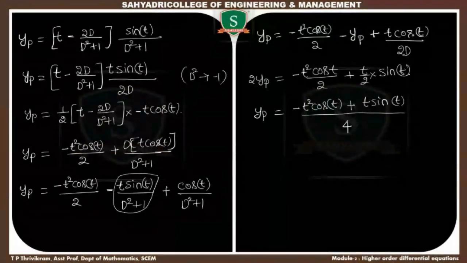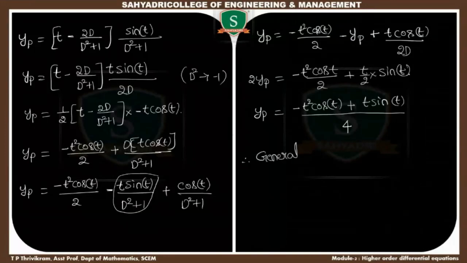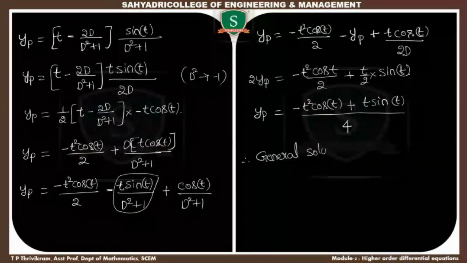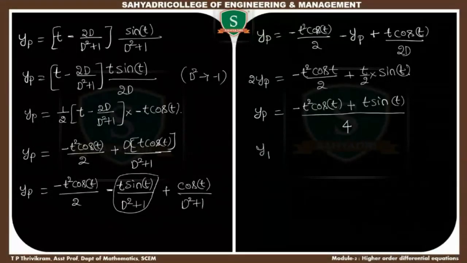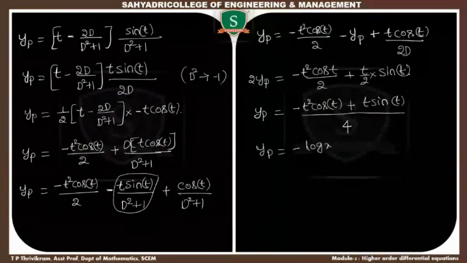Okay. So therefore, general solution. Before that, we need to write yp in terms of x. So yp is equal to minus (t means log x) whole square cos log x plus log x sin log x divided by 4.